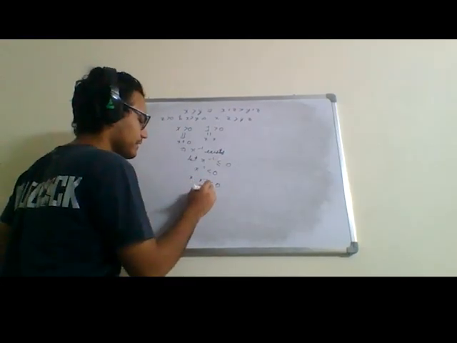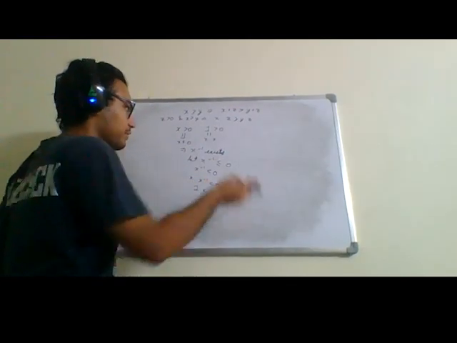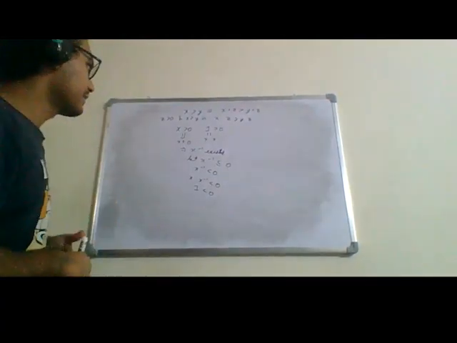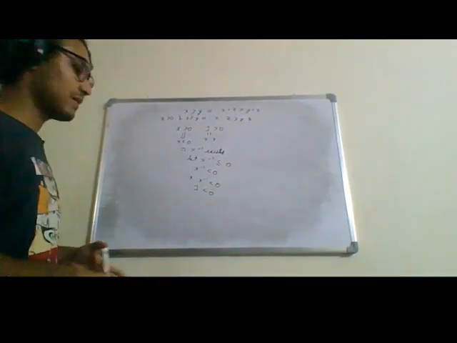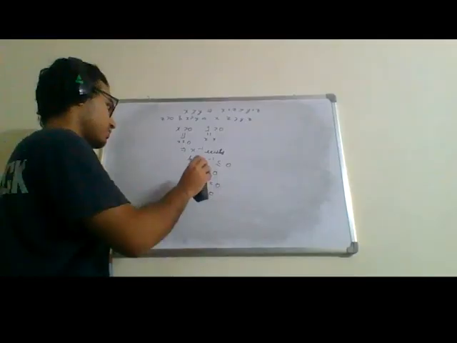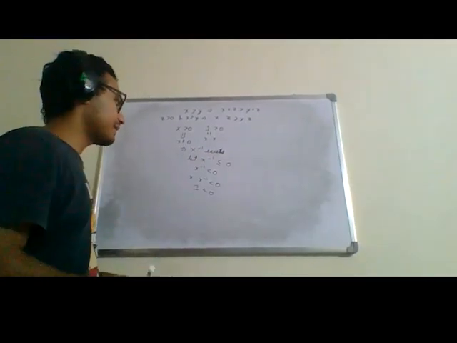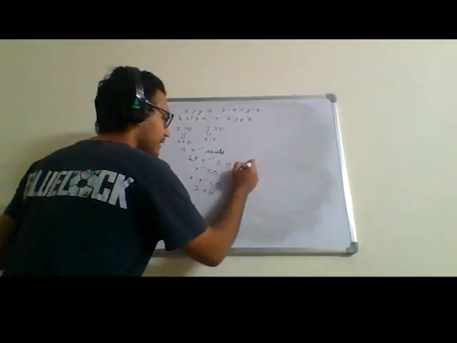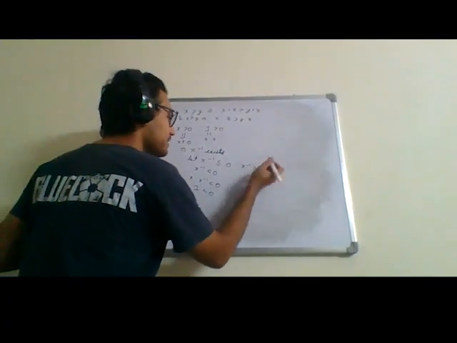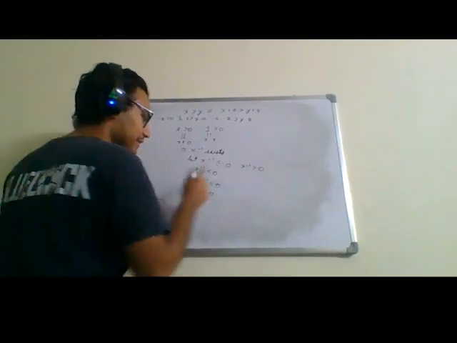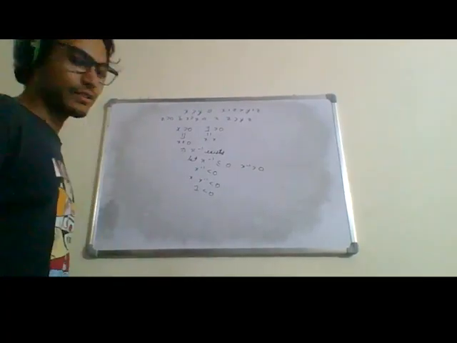So 1 is less than 0, which is a contradiction to the theorem proved earlier. So by contradiction, this is false, and since x inverse is real, x inverse is greater than 0.